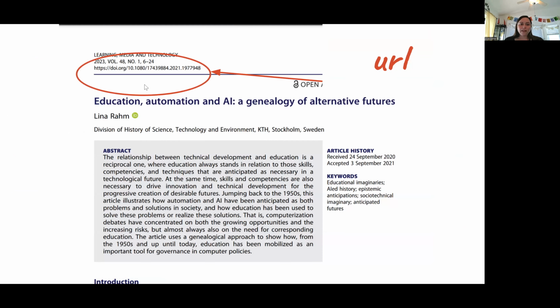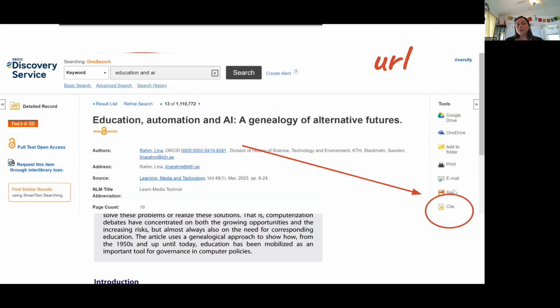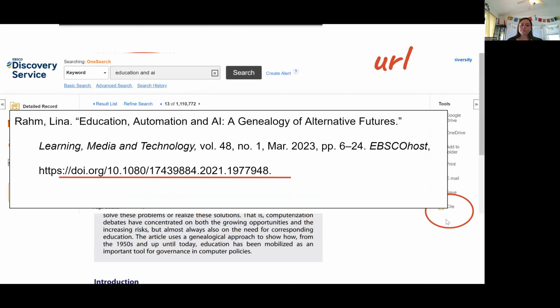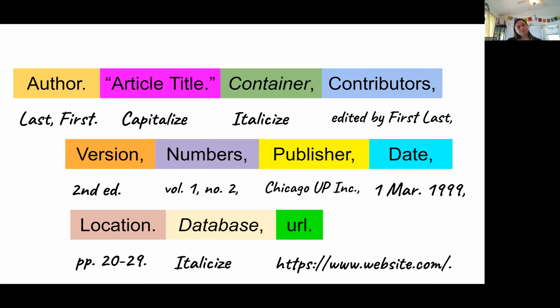Here, I found this one at the top of the document. And like I said, you can also go and find it by looking at the citation on the database that you used. And so for this one, I went ahead and used the citation to get me that number because I can copy and paste it from there. And that's all the pieces.